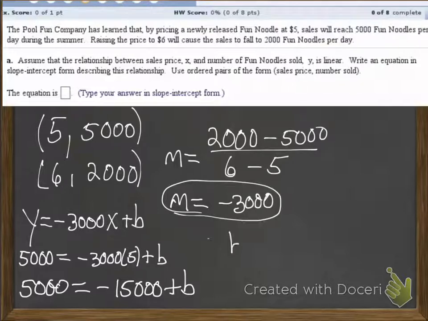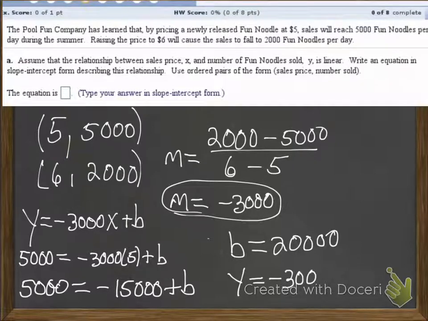And we find out that B is 20,000. So our equation is Y equals negative 3,000 X plus 20,000.